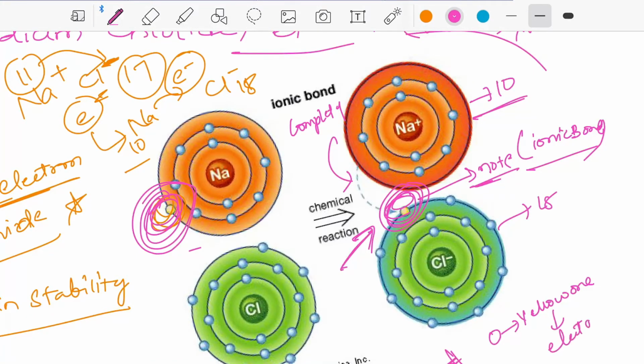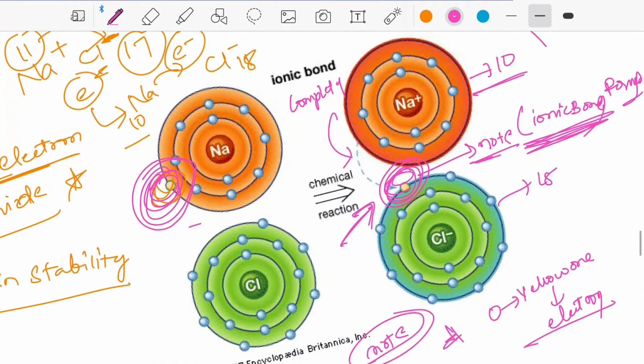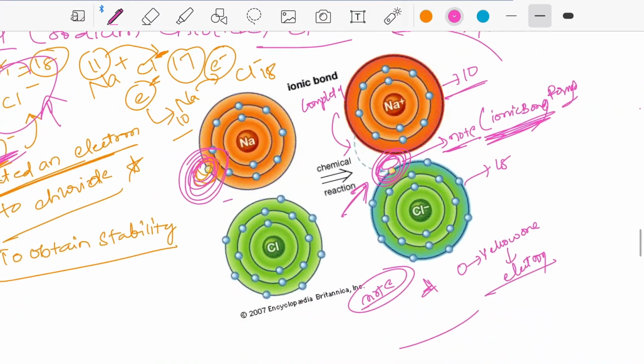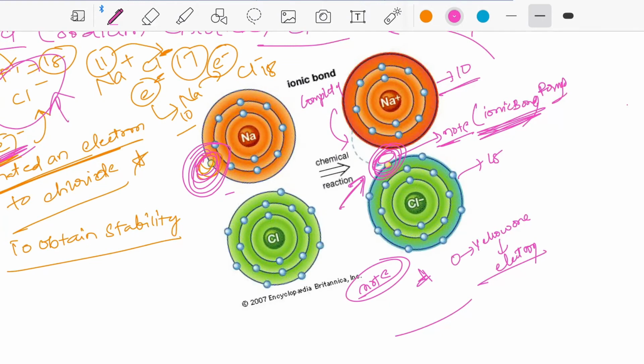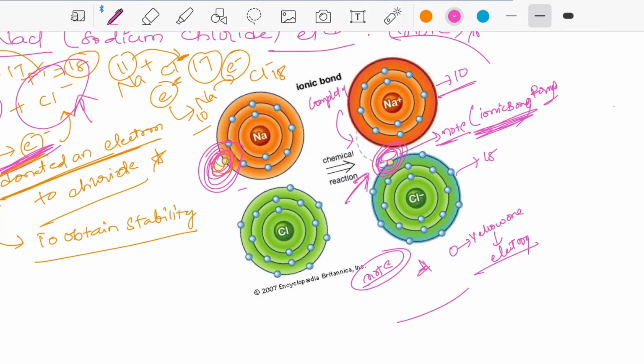So the ionic bond is formed. The electron was donated by sodium to the chlorine, so NaCl, sodium chloride, is formed. This is the nature of ionic bond. Mostly metallic salts form ionic bonds.